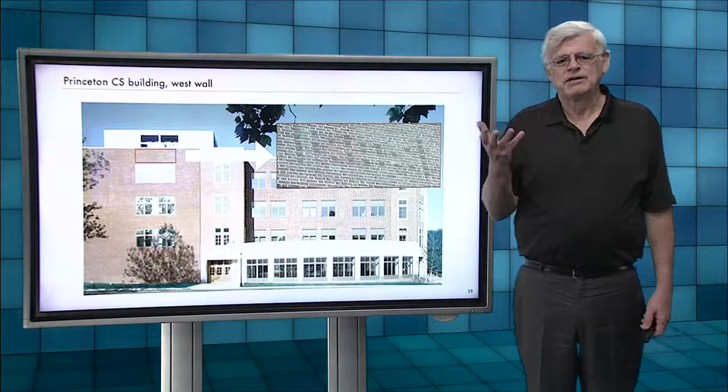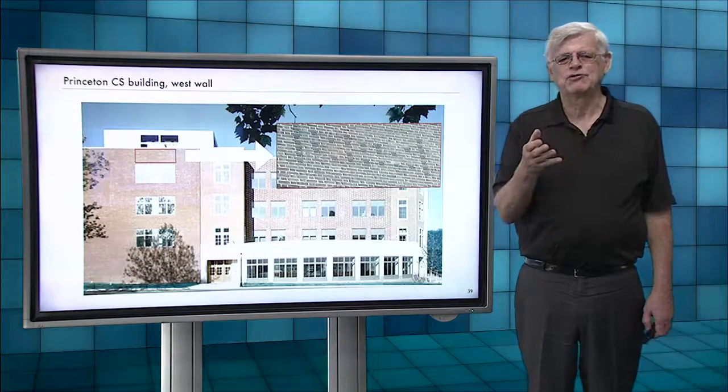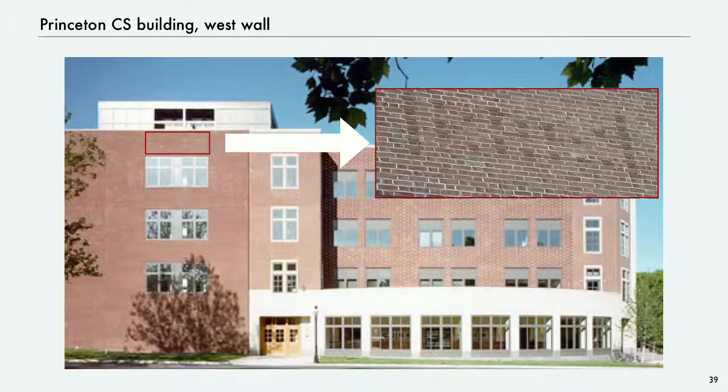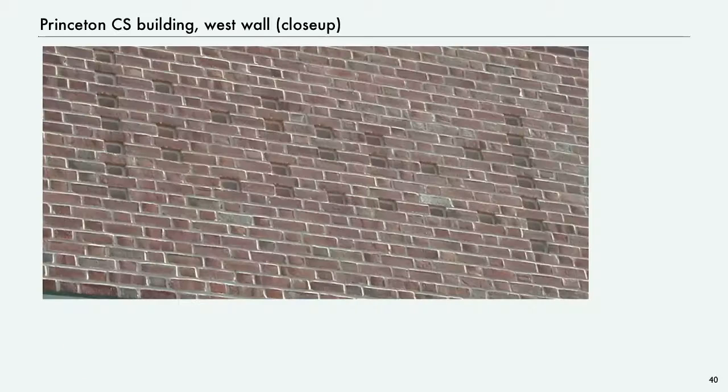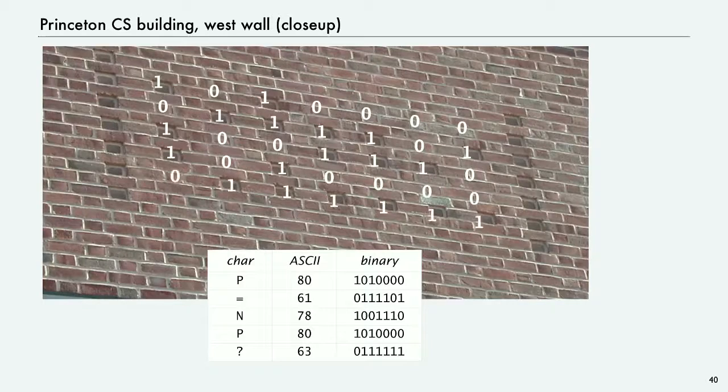In the meantime, if you're in Princeton, if you take a look at the west wall of the CS building, you can see some indentations in the pattern of bricks. And this is made for really students of this course. If you take those indentations and treat them as binary numbers, convert them to ASCII, then you get the P equals NP question.